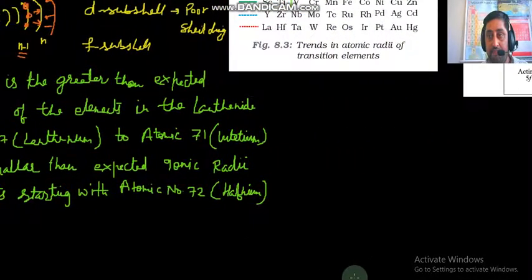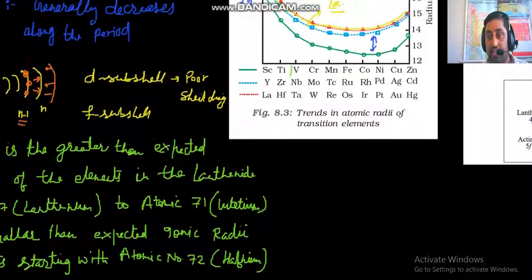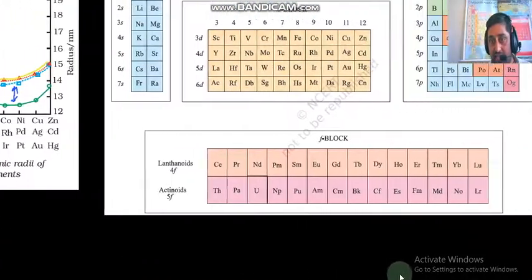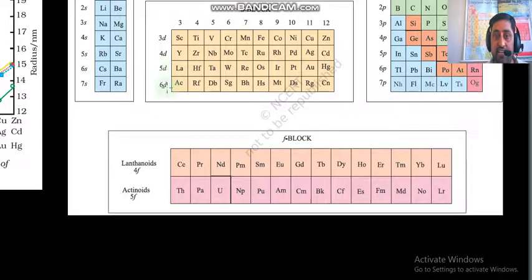Now the impact of this lanthanide contraction is that there is no remarkable change in the atomic size of the 5D series after the 4D series. To elaborate further, I will give you an example. Here it is lanthanum.